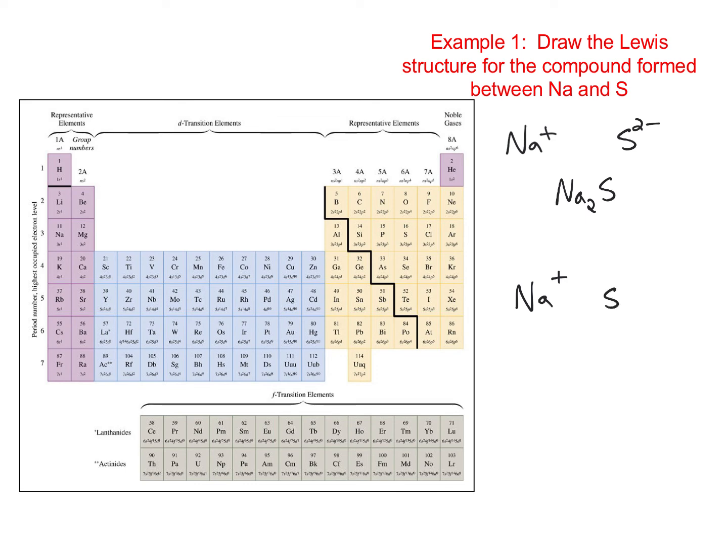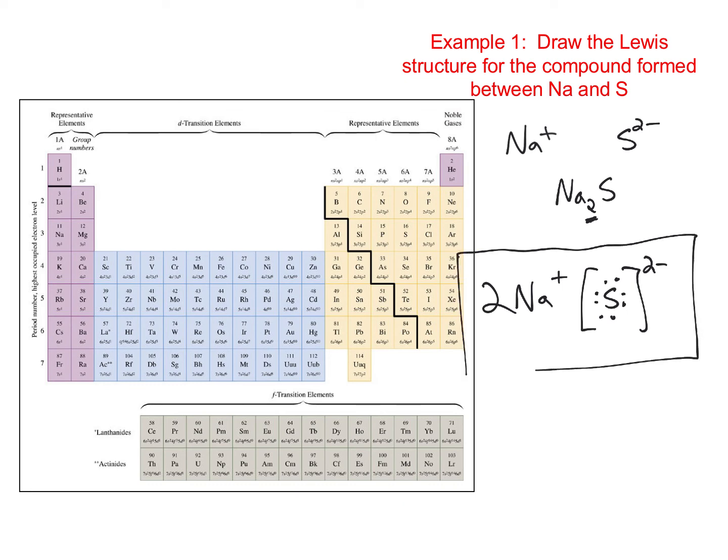So S2- is going to look like that. And then to get the ratio correct, when we draw the Lewis structures, we put the number in front of the ions. So it would be 2 sodium ions and then that sulfide ion. And so this would be the Lewis structure for the ionic compound formed between sodium and sulfur.